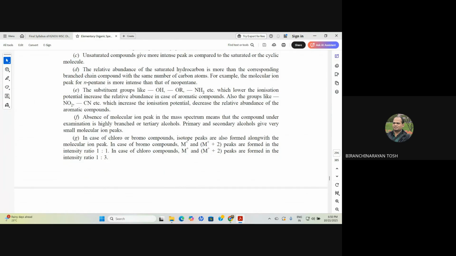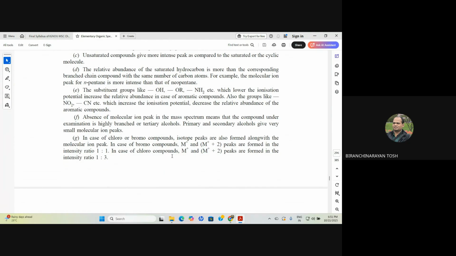In case of chloro and bromo compounds, isotopic peaks are also formed along with the molecular ion peaks. In case of bromo compounds, you can see M and M plus 2 peaks are formed in the intensity ratio 1 to 1.